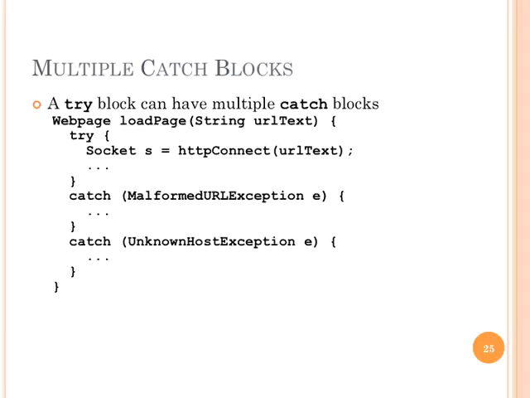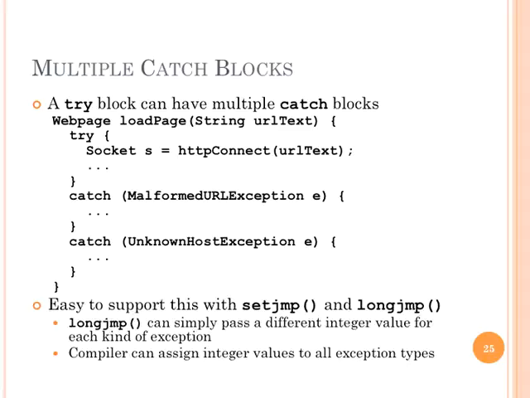So with multiple catch blocks, you can see that this is certainly a possible way that you could use exceptions as well, where I have multiple exception types that I could catch. It's really not that much more difficult to add this to our setjmp, longjmp capability, because remember, we have this int value that we can return.